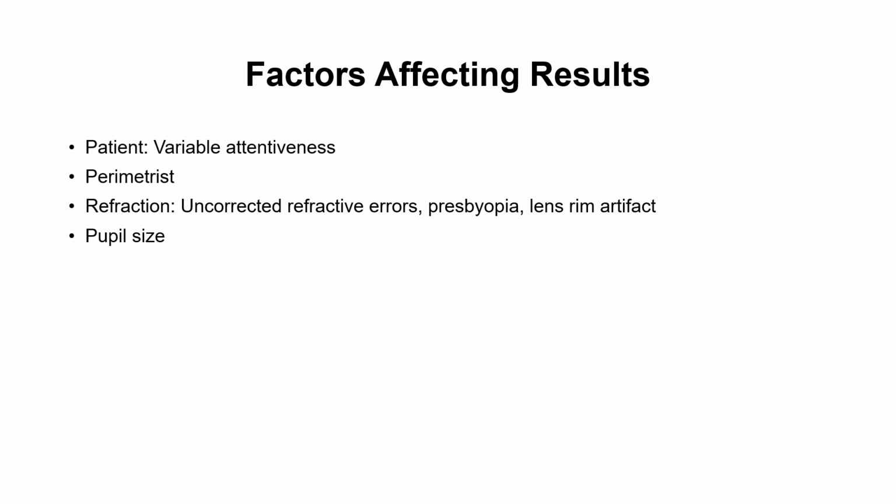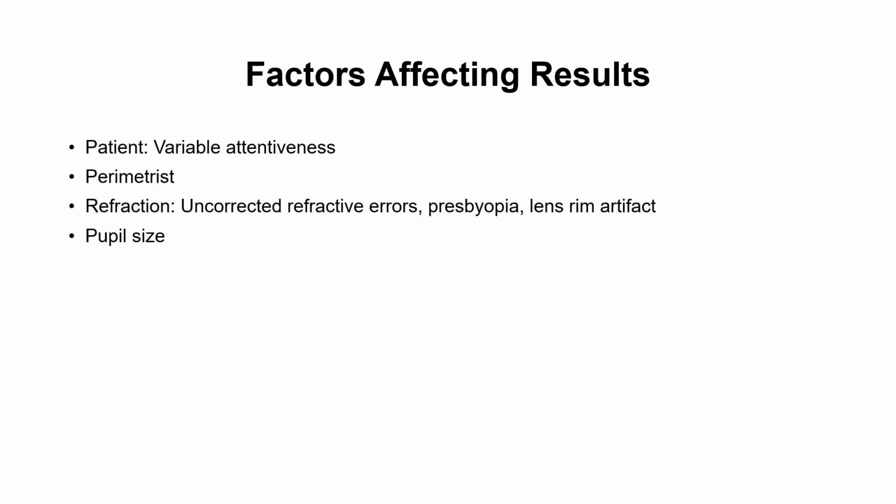Also, the refraction. Please always correct the refractive error. If the patient has refractive error and you didn't correct it, the patient surely will have reduced visual field loss. So please correct the refractive error. Also consider presbyopia.